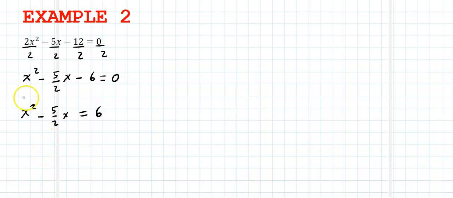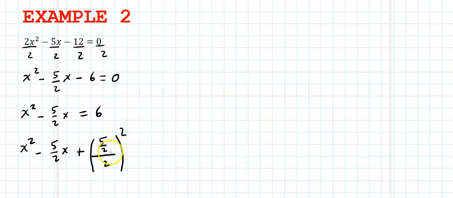Now, we are going to complete the square on the left side. So x to the second power minus 5 over 2x plus 5 over 2 divided by 2, all to the second power. But if we add this expression, we have to subtract the same expression, 5 over 2 to the second power, equal 6.